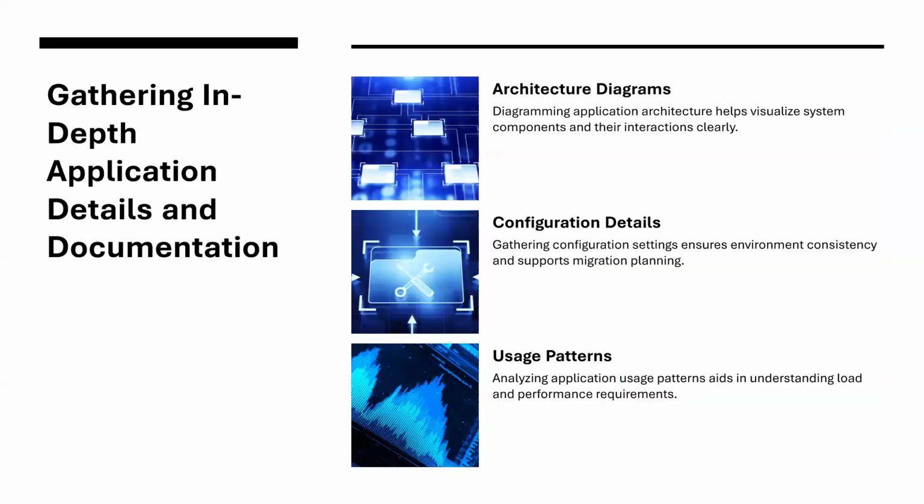So I hope so far it's making sense, and you are understanding more and more details about the application, and how we are gathering information. Let me review what we have covered so far.